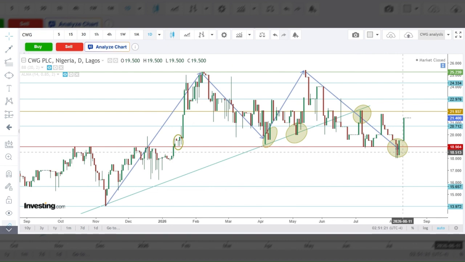I'm just going to show you how chart patterns and candlestick patterns actually work on the Nigerian Stock Exchange chart. Another common chart pattern we see is double tops and double bottoms too.